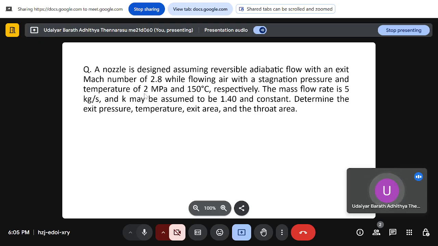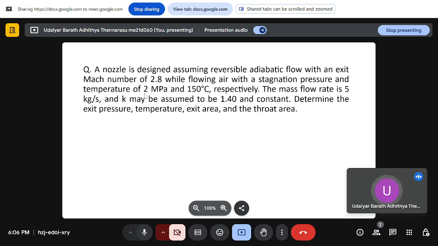The first one: a nozzle is designed assuming a reversible adiabatic flow with an exit Mach number of 2.8 while flowing air with a stagnation pressure and temperature of 2 megapascal and 150 degrees Celsius respectively. The mass flow rate is 5 kg per second and gamma may be assumed to be 1.4 and constant.